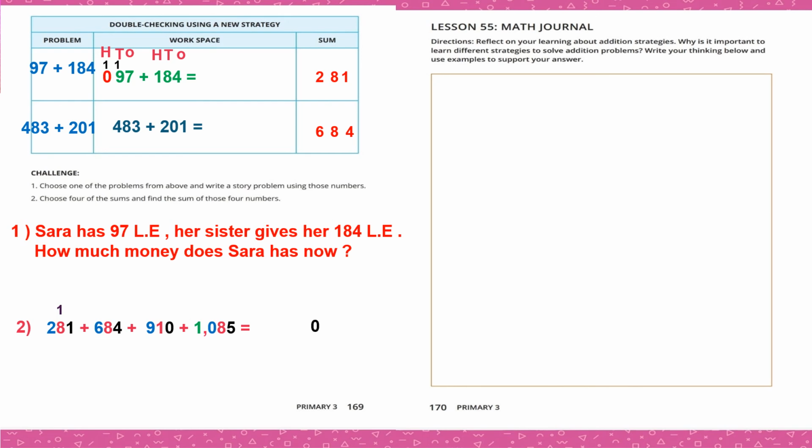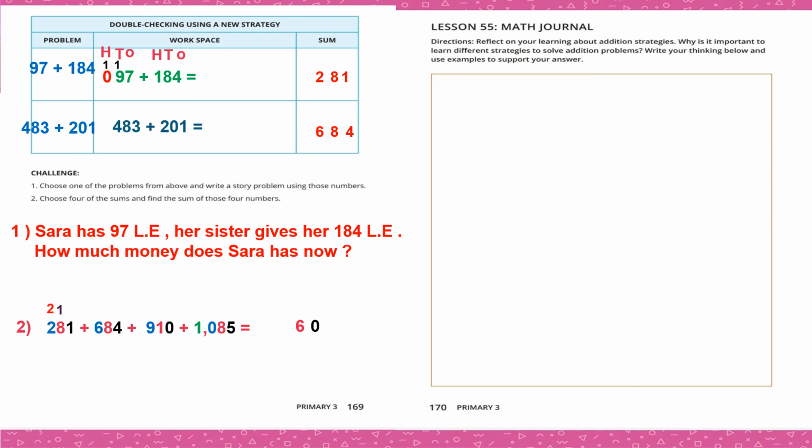Look at the tens place. 1 plus 8, 9. 9 plus 8, 17. 17 plus 1, 18. 18 plus 8, 26. So you should put 6 and carry up 2 to the next place. 2 plus 2, 4.